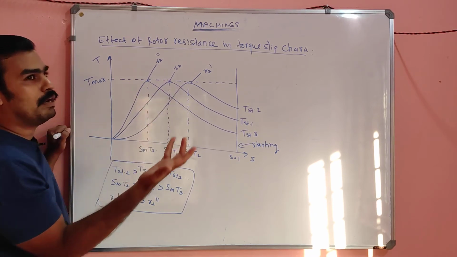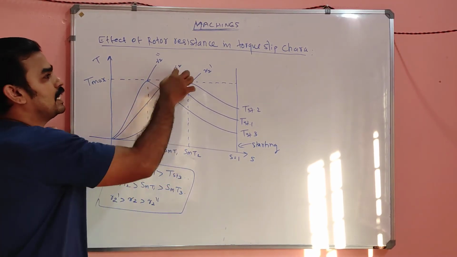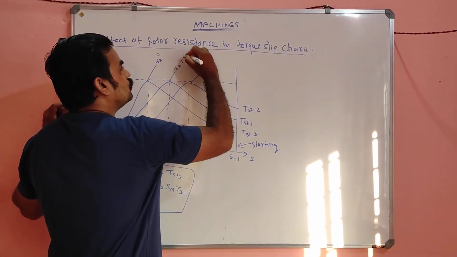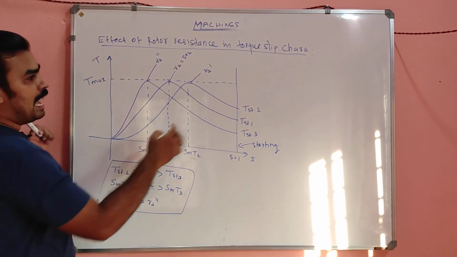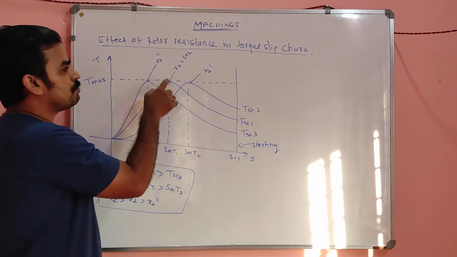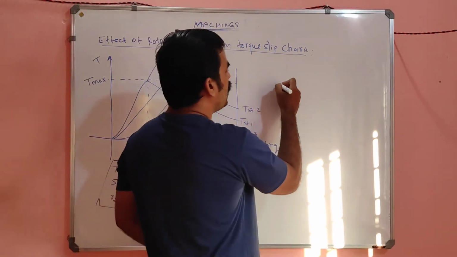At the maximum point, R2 will be equal to S into X2, correct? That is the maximum point, and after that the torque decreases. This maximum torque point is called the pull-out torque.